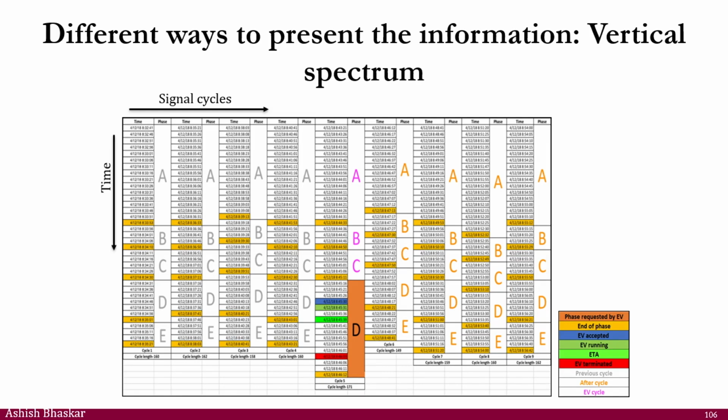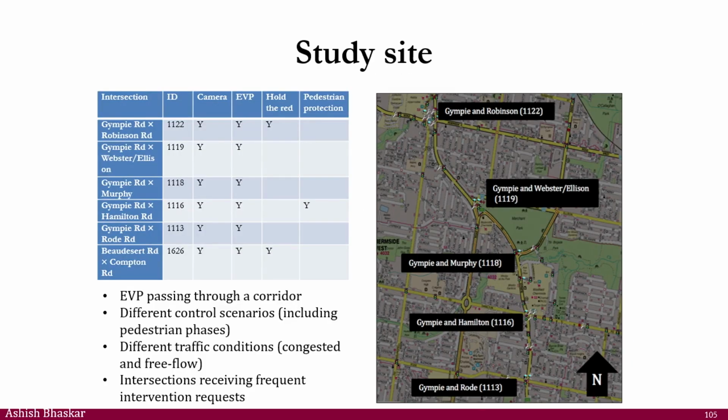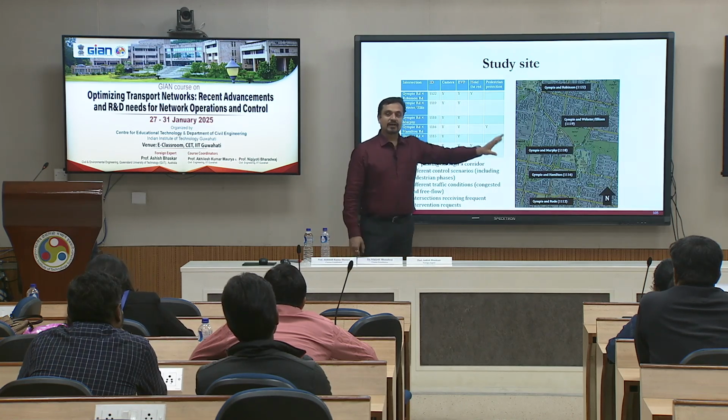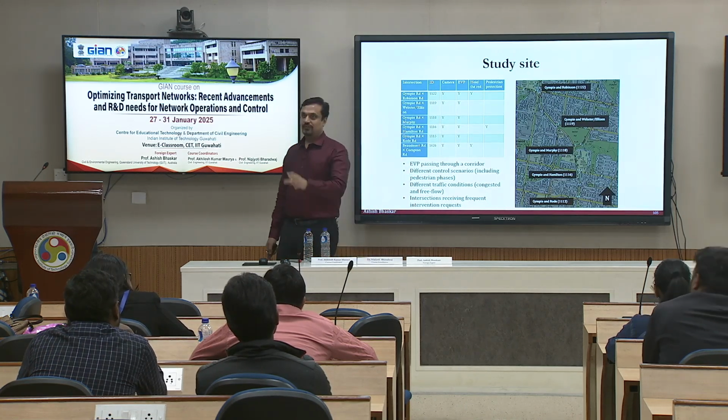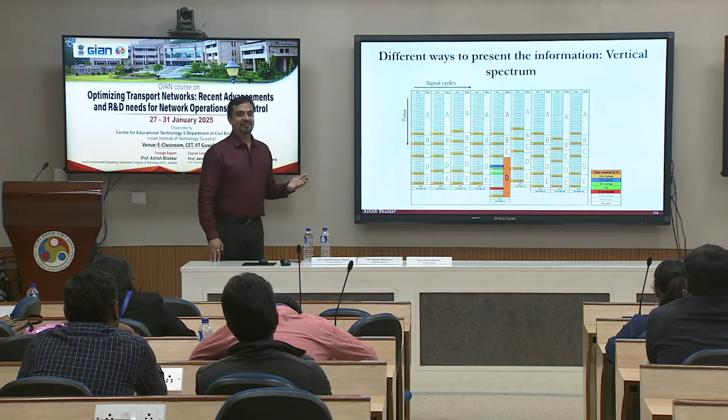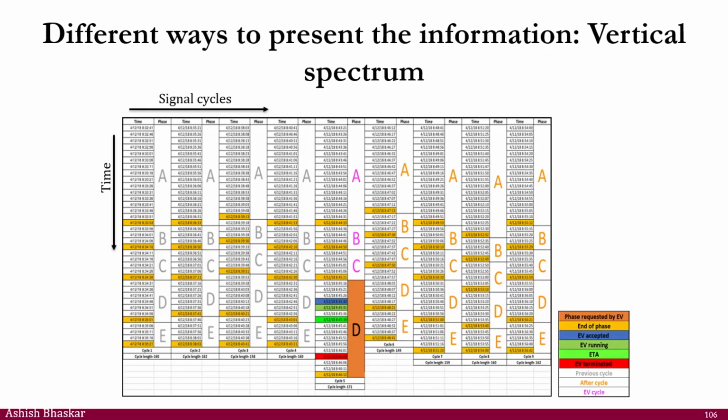So, this is the way we decided. What we did was, we looked at the corridor and defined our time period where we have cameras, EVP, etc. We identified those intersections, took the data from the camera, identified whenever the EVP came, and cross verified it. But what I want to highlight here is the way to present the information. What we are presenting here is time, that is the signal cycles.